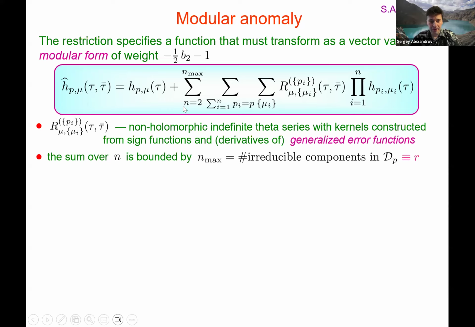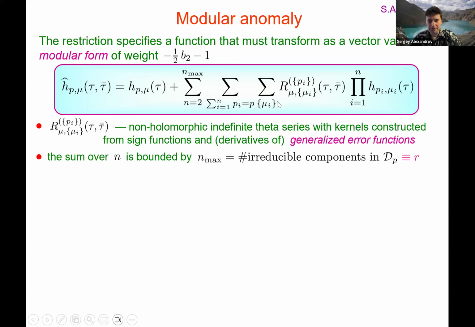And the variable n is the number of the constituents of my bound state, and then you take the product of generating functions of the constituents, and of course the most non-trivial piece is described by these coefficients R, which are non-holomorphic functions.